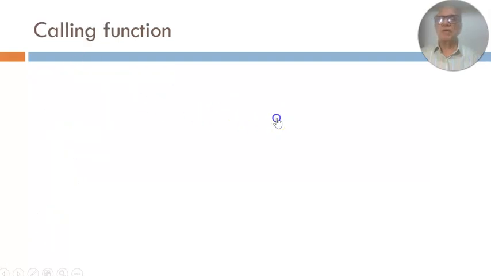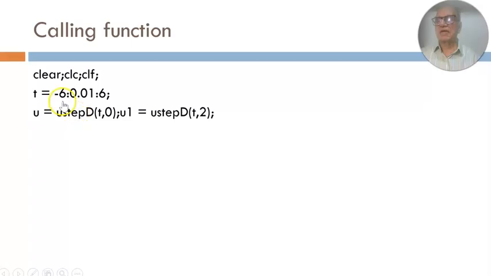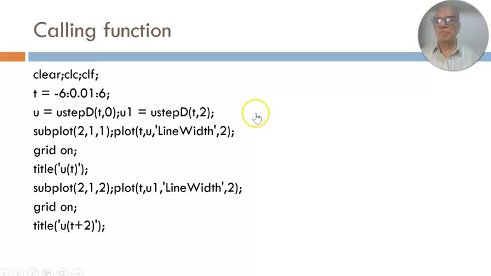Okay. So if you call this function again, -6 to +6 with a sampling time period of 0.01, then you call the uStep function, T, 0 first, normal unit step, and then generate U1 with an advance of 2 seconds. Note we have written +2 here, there is no minus sign, so this is going to be an advance.